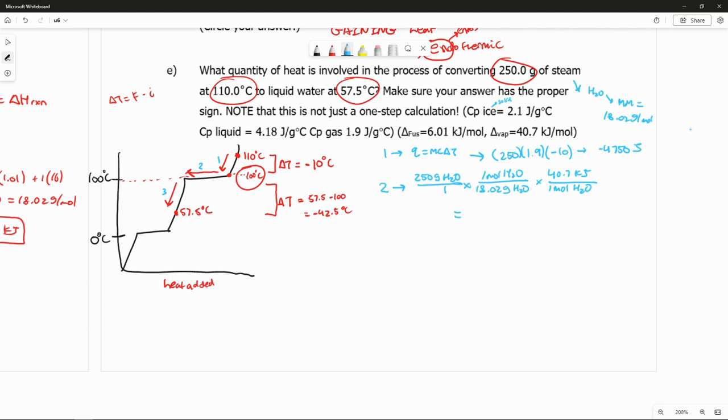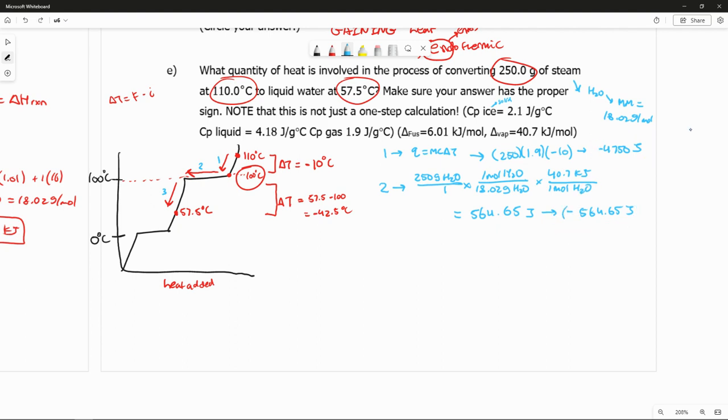Solving for this in the end will give you 564.65 joules. But for dimensional analysis, the trickiest part is we have to remember that this joule value is negative. We have to put the negative manually, which is very annoying, and you're bound to forget once at least when you're doing chemistry.